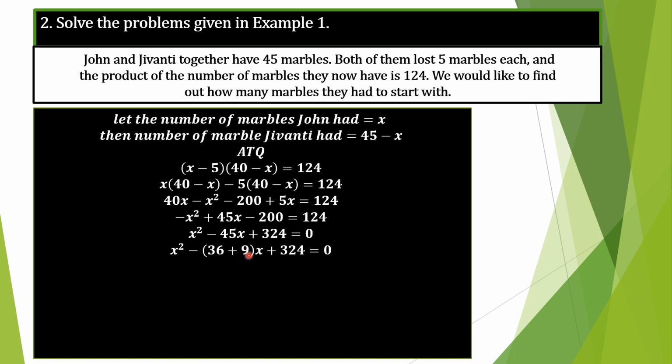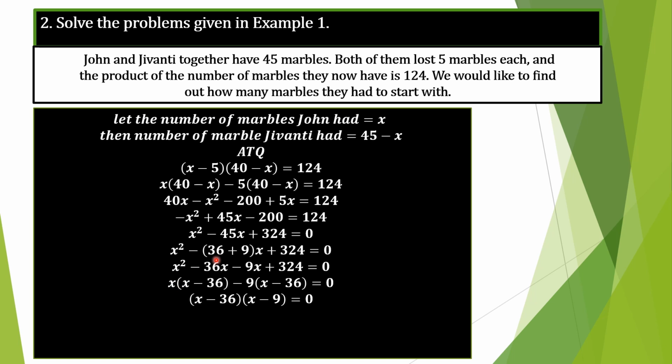So 36 and 9 are the two parts of the middle term. Then the same procedure. Now see, minus 36 minus 9 is minus 45, and when multiplied, minus minus plus, 36 into 9 is 324. Something common from the first two terms and the next two terms. x is common here, minus 9 is common here.